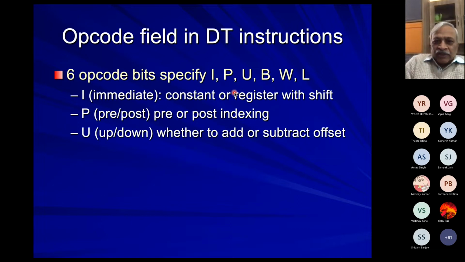U indicates whether the offset is to be added or subtracted. The offset itself is always positive. Suppose you're specifying a constant, you're specifying an unsigned constant. But by suitable choice of this bit, you can achieve addition or subtraction.